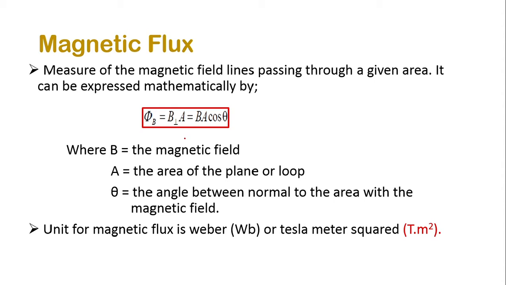Formula ni semua orang kena tahu. Konsep untuk magnetic flux ni sama macam electric field, cuma dia adalah magnet. Unit untuk magnetic flux adalah Weber or Tesla per meter squared. Biasanya orang guna Weber.